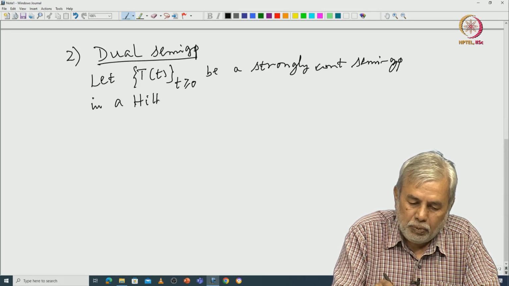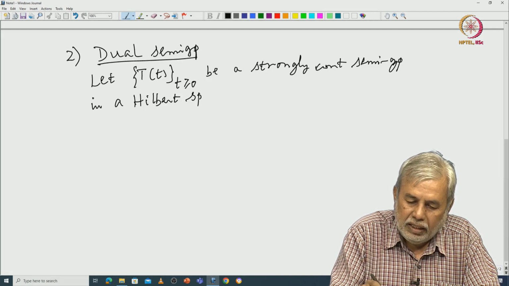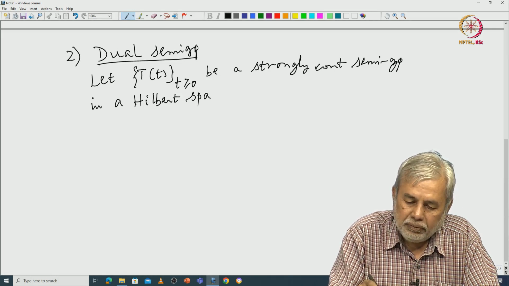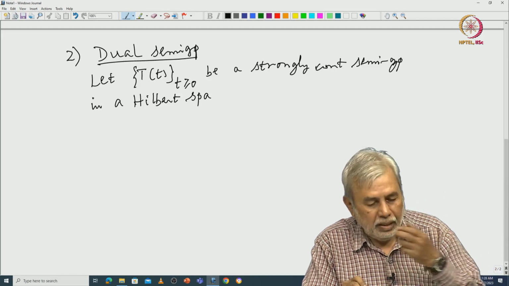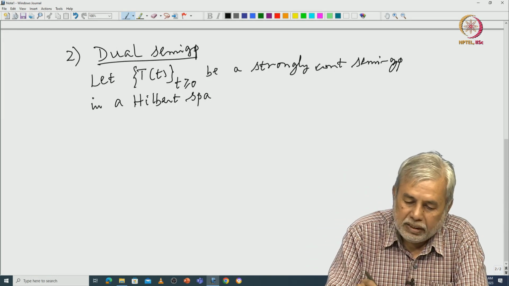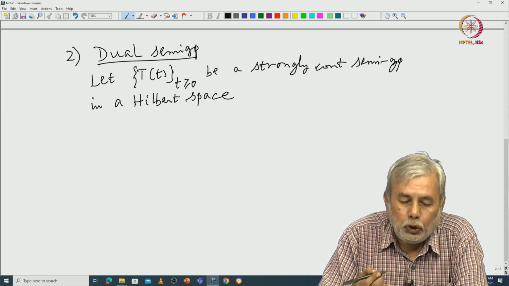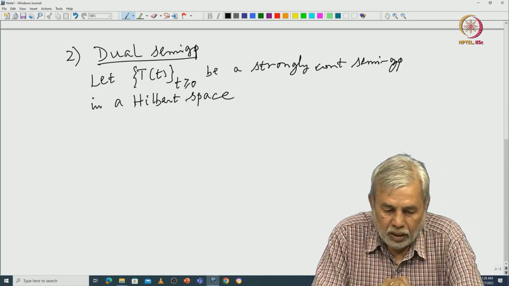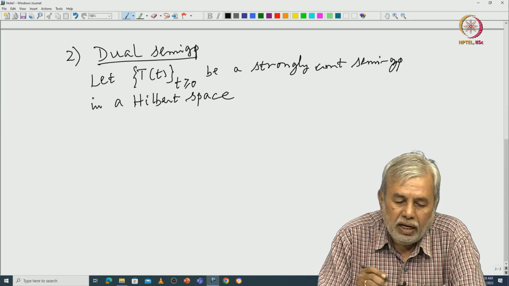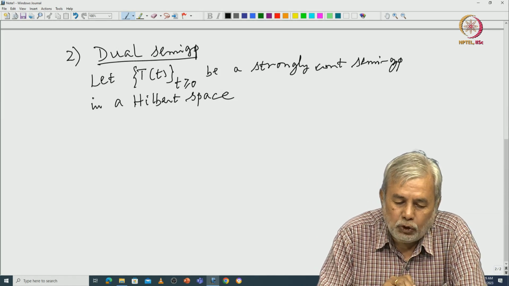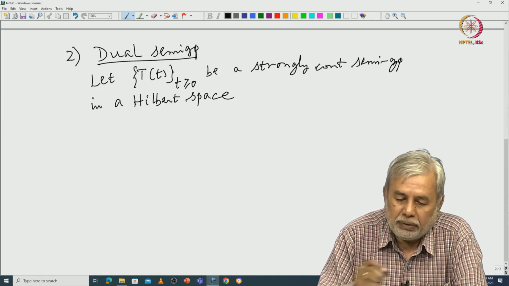So, the advantage of working in a Hilbert space is that all the T(t) are bounded linear operators on H. So, the adjoint operator is also defined on the Hilbert space. Okay.